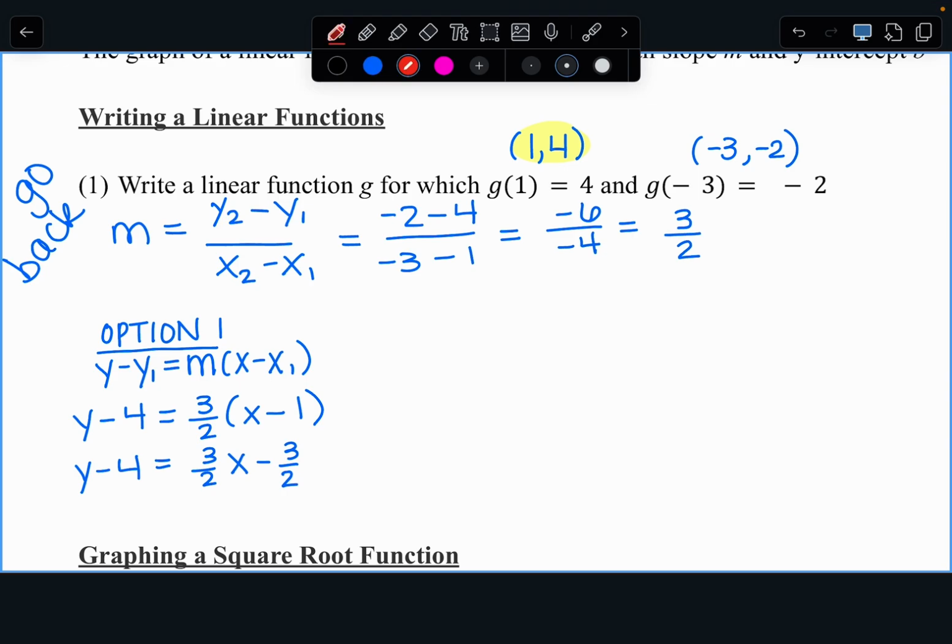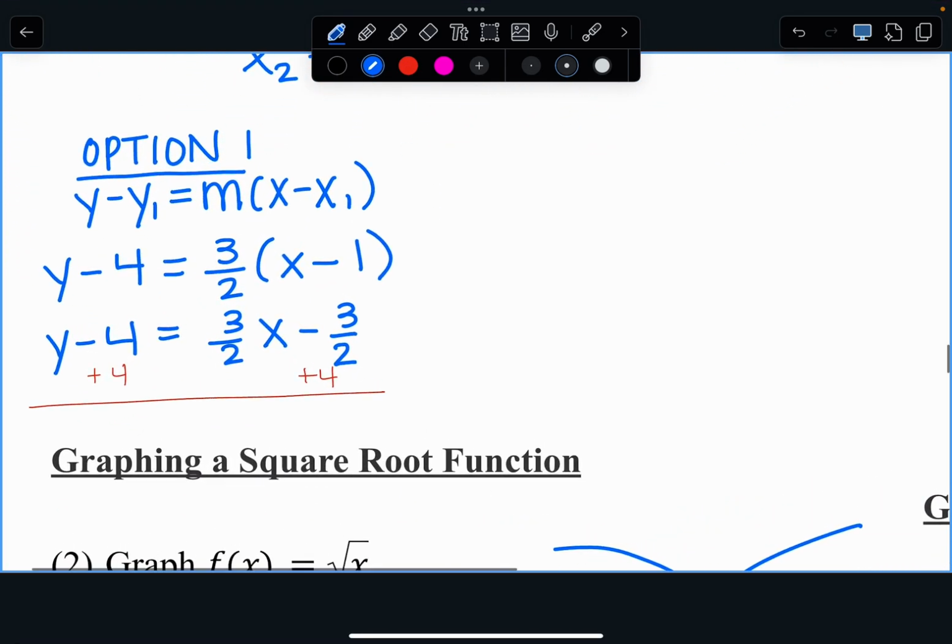And then we'd have to add 4 to both sides. So this would give y equals 3 halves x. 4 is the same thing as 8 divided by 2. So -3 over 2 plus 8 over 2 gives us 5 over 2, or you could have just converted that to a decimal.